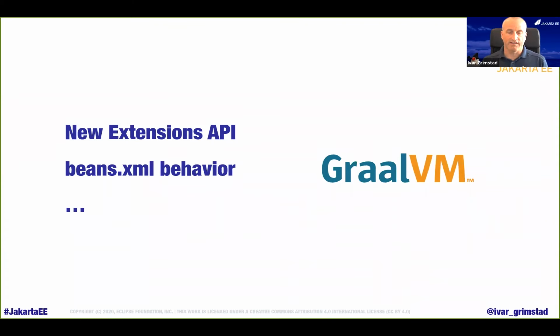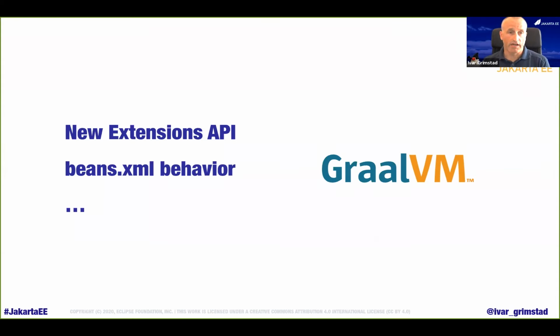And these are not very friendly for build time. If you want to create the native images on build time and resolve all these things, because it's very dynamic in nature. So a new extensions API, to not replace, but to be an addition to the existing portable extensions, is something they're working on.